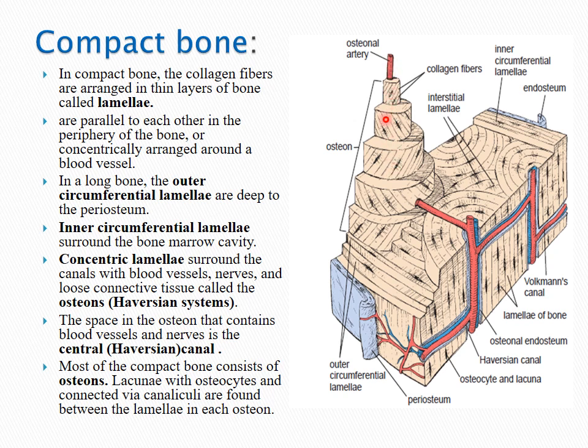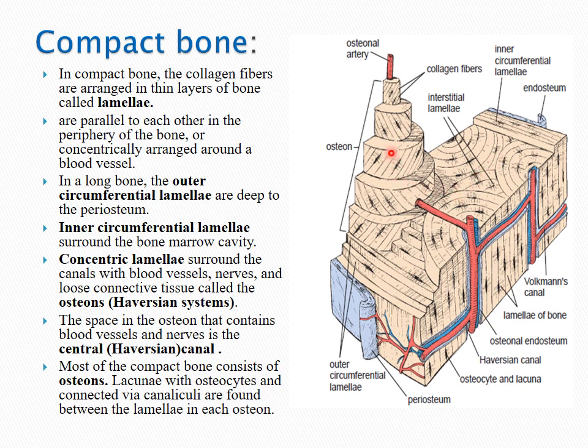These concentric lamellae, along with their Haversian canals, and the osteocytes embedded in these concentric lamellae, lying in their spaces which are called the lacunae, make up the Haversian system. One Haversian canal, along with its concentric lamellae, forms one osteon. And the substance of the compact bone is made up of numerous osteons.